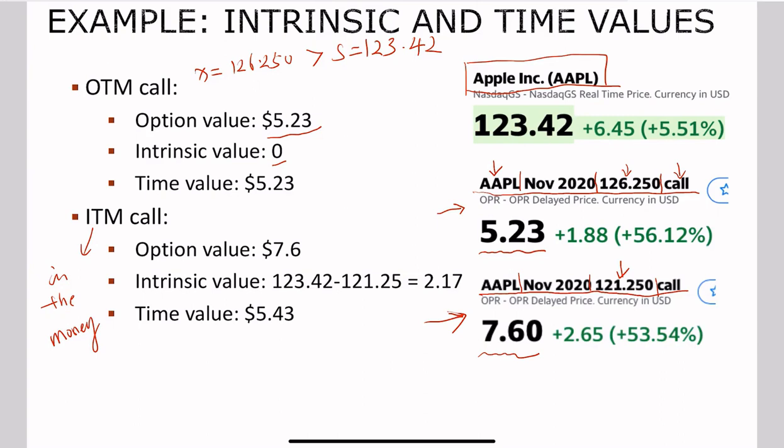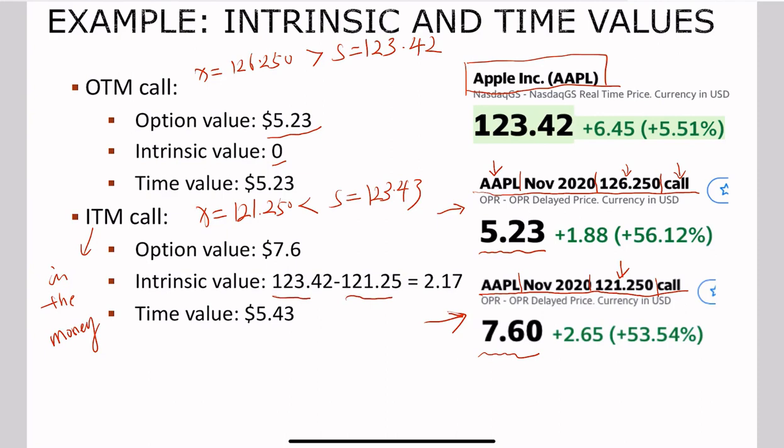Because its exercise price is 1.250, which is smaller compared with this stock's market price, right? So it's in the money. And in this case, if it's in the money, it should have a positive intrinsic value. In this case, you would use stock price minus exercise price.